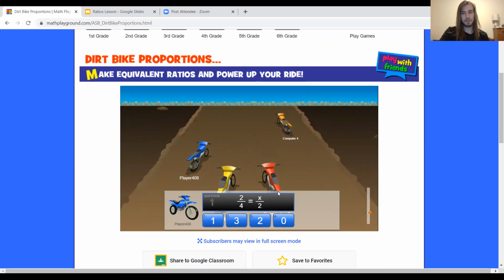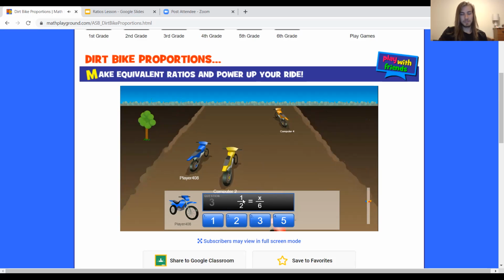Remember, this is still the same as a ratio. Same thing here: you divide both sides by 2, you get 1/3.